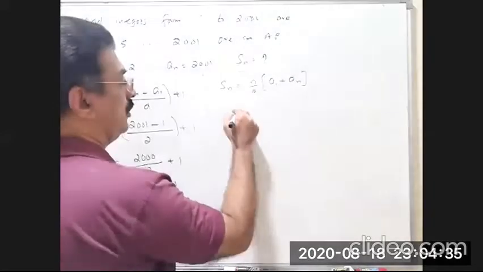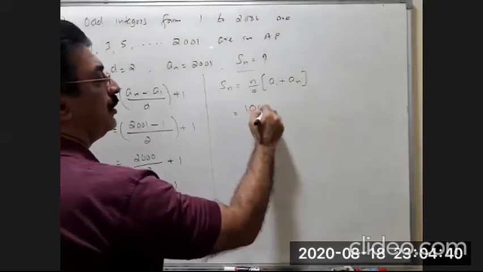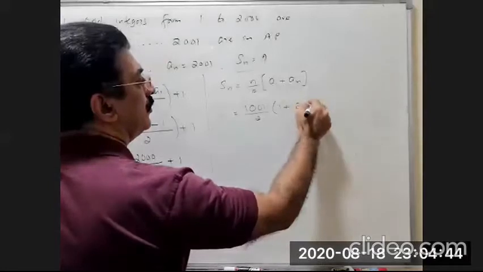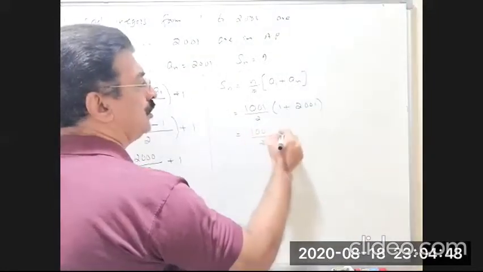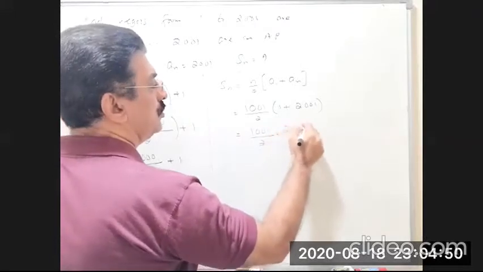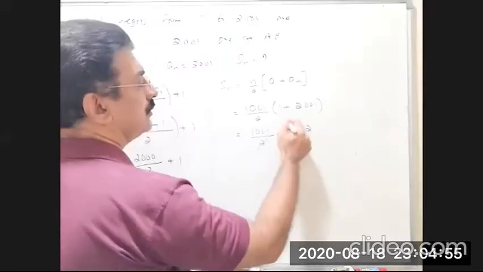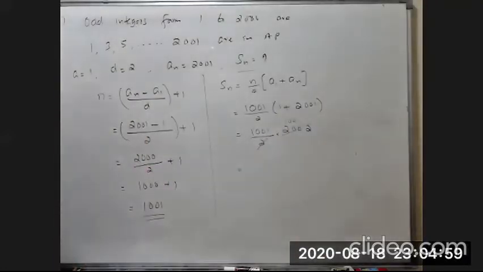That is equal to n, which is 1001 by 2, into (1 plus 2001), which is 1001 by 2 into 2002. This cancels, so 1001 into 1001. That gives the answer.